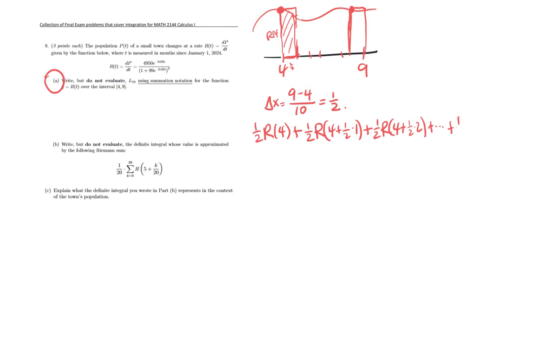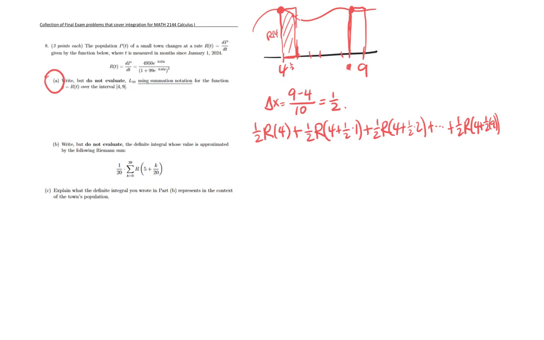So the very last one will be 1/2 r of 4 plus 1/2 times, well, it'll be 10 minus 1, so it'll be 9, 1/2 times 9. And so if I work that out, that is going to be 9/2, so it's 4 plus 4.5, so that'll be 8.5. So that's what I want.